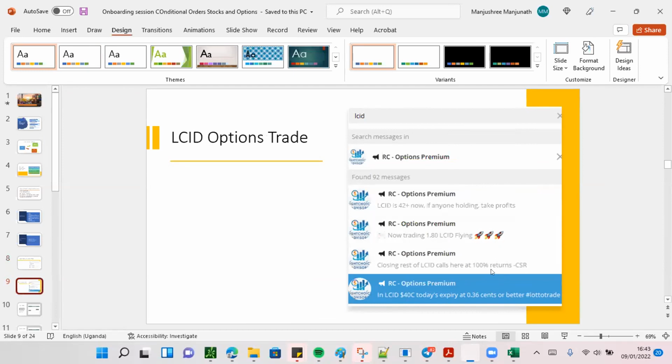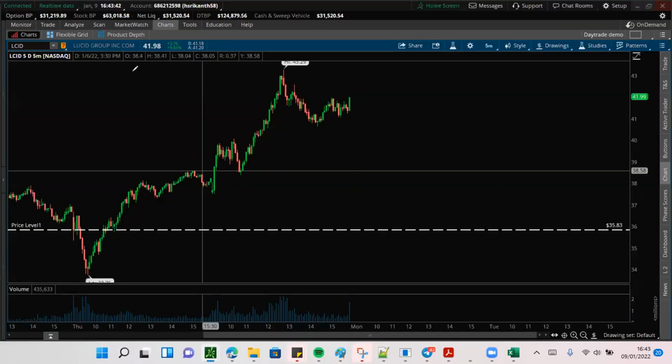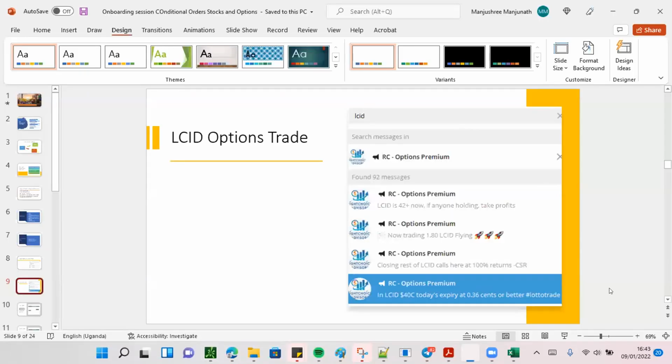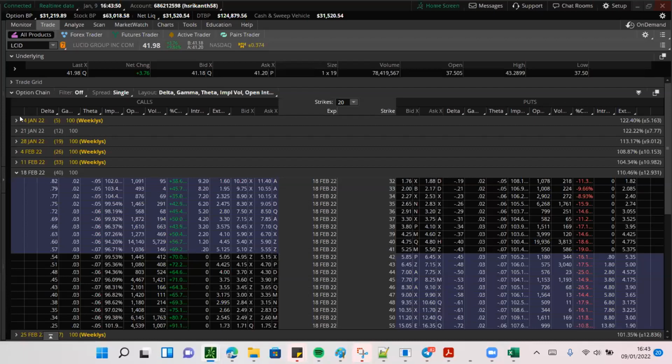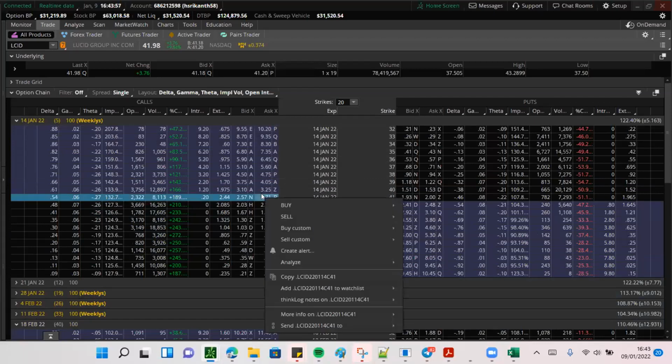So I click the trade button on Lucid, and I will see. He just said that today's expiry, right? So I'll click, I think it was last time. You can just pick any option chain. I'll just pick one option chain.